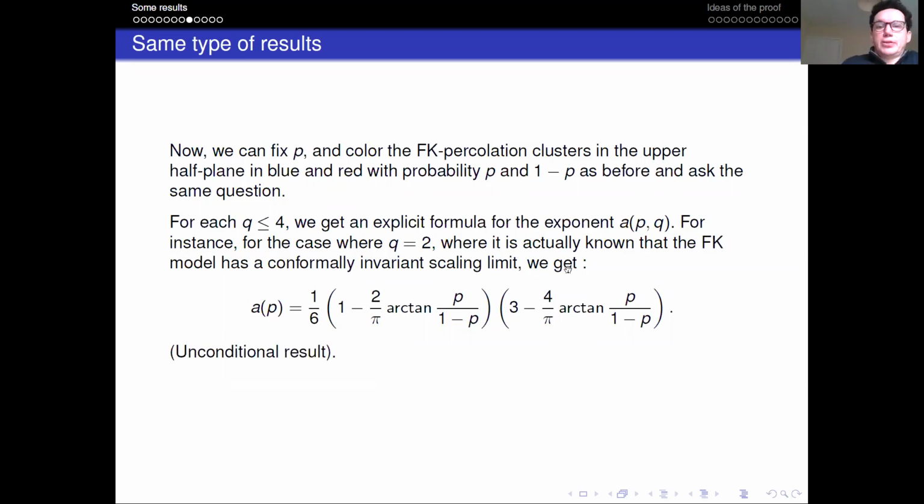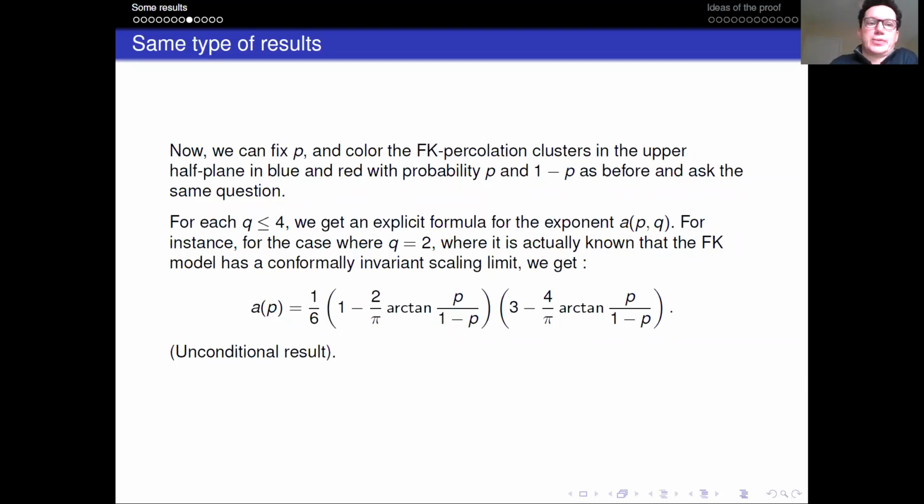And because in that case it's known that the FK model has a conformal invariant scaling limit, this is an unconditional result. This is a proven fact that if you take an FK model with q equal 2 critical in the upper half plane, then you color things with probability p, 1 minus p, then you get this value of the exponent that describes the decay rate of these one arm exponents. And it has a similar flavor, right?